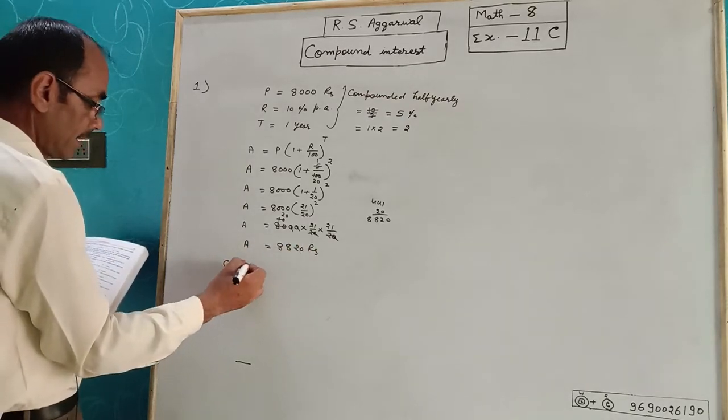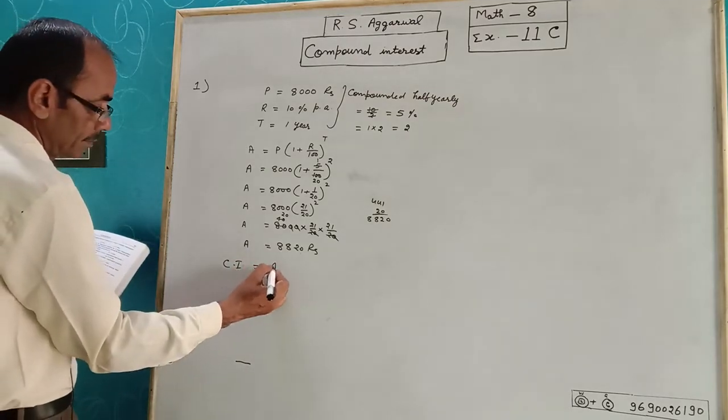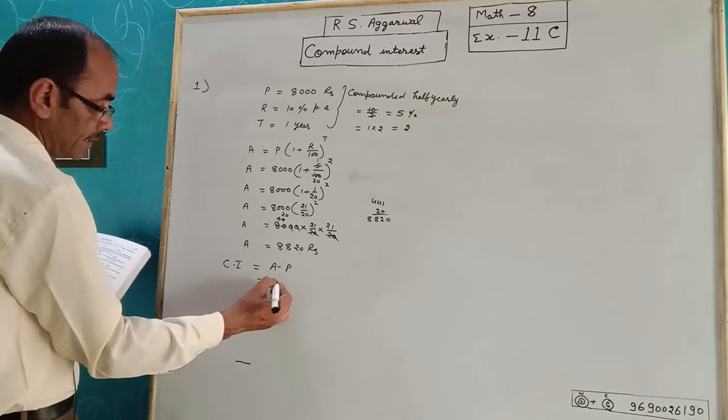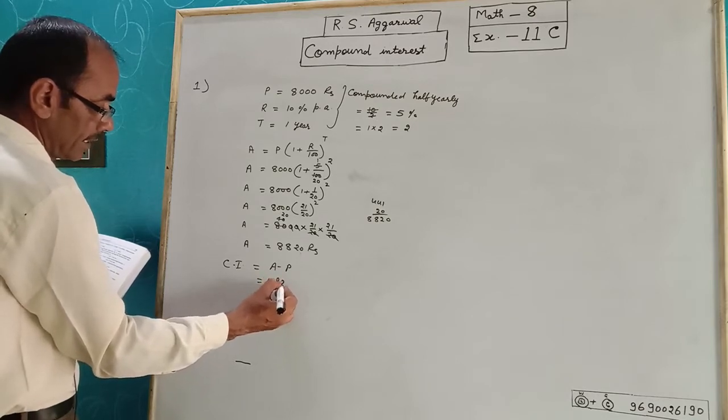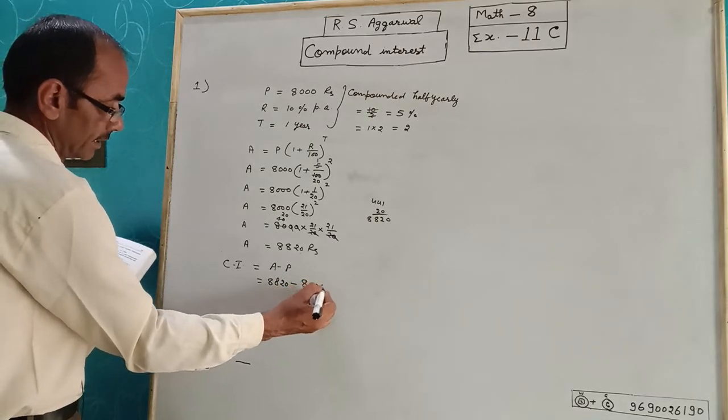Compound interest is to find A minus P. A will be 8,820 minus 8,000.